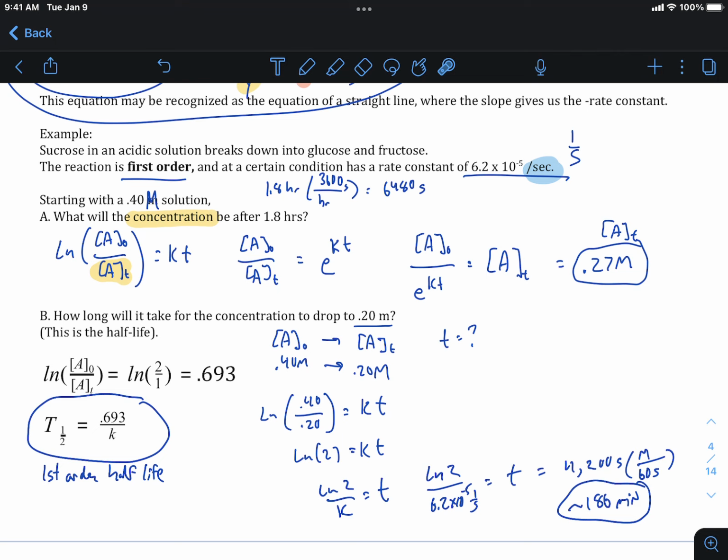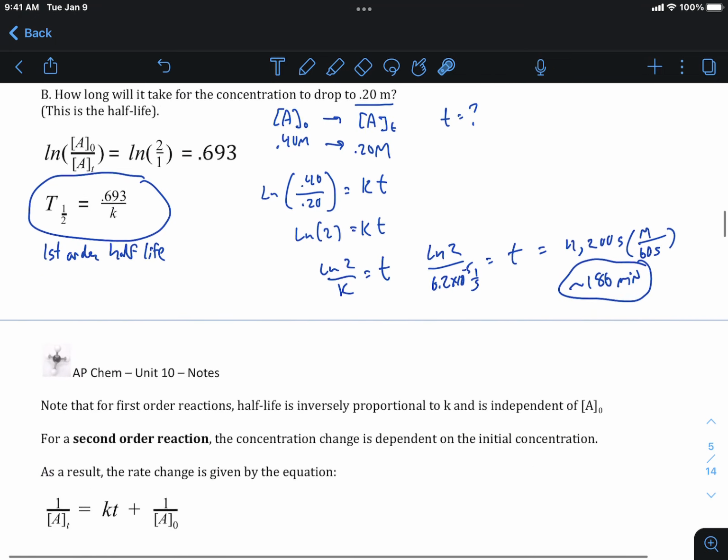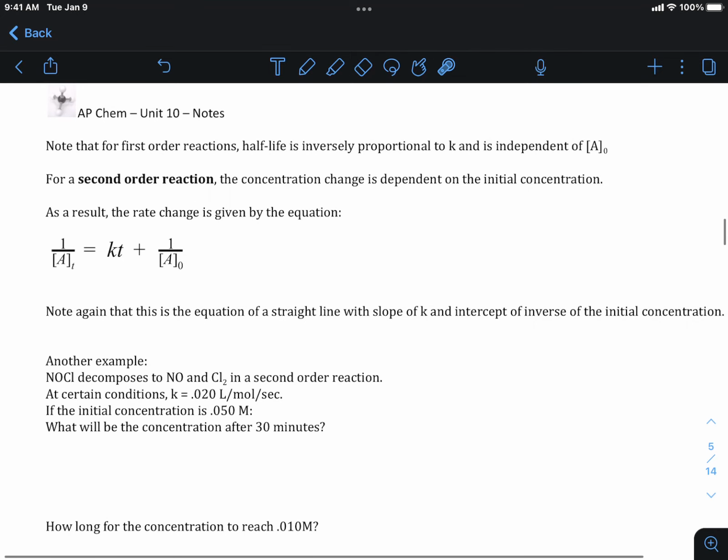If the reaction is not first order, then we have to apply a different method. Note that for first order reactions, half-life is inversely proportional to k, and it is independent of the initial concentration. But again, that's not something you have to memorize because it's plain to see when you look at the equation.